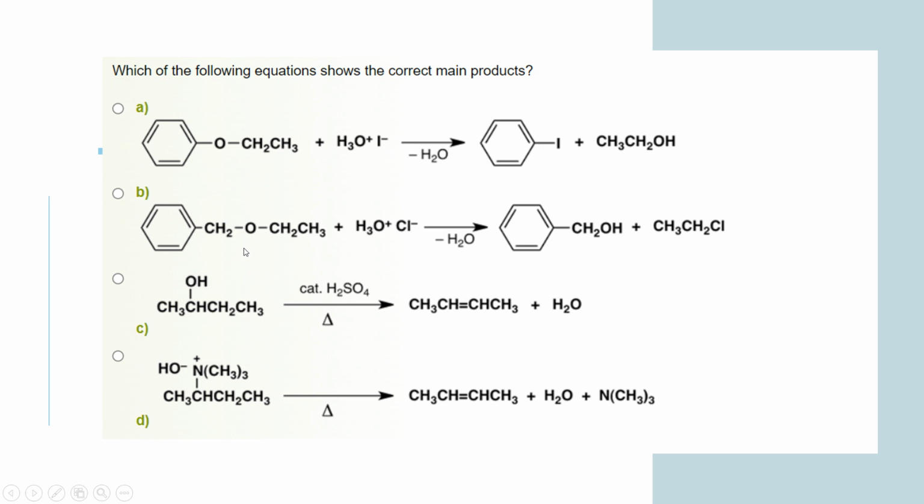So, are we given benzyl chloride and ethanol? No, it is again showing you the reverse products. Thus, you know that option B is also incorrect.